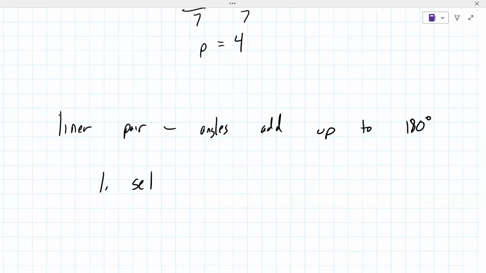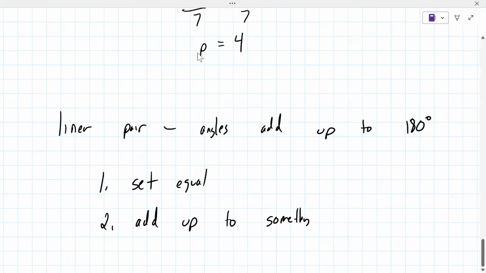One is you set them equal. Oh, okay. Wait. The second, it's like two L's, right? With two angles that add up to 180. Angles that are 90 degrees? They don't have to be 90 degrees though, because more than two angles can add up to 90 degrees. Yeah. Okay.